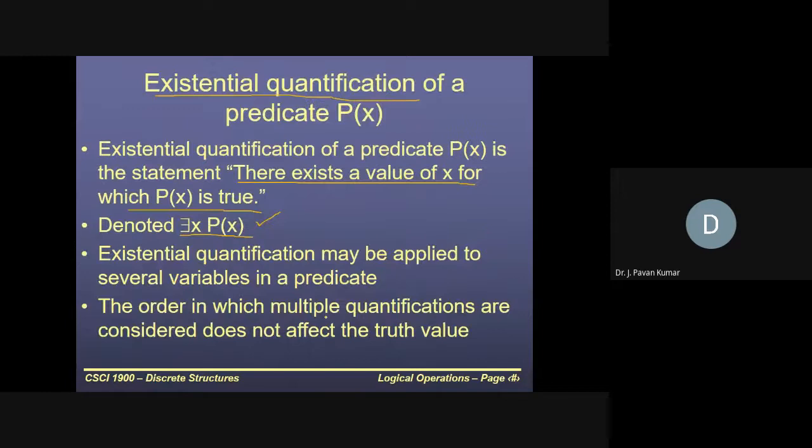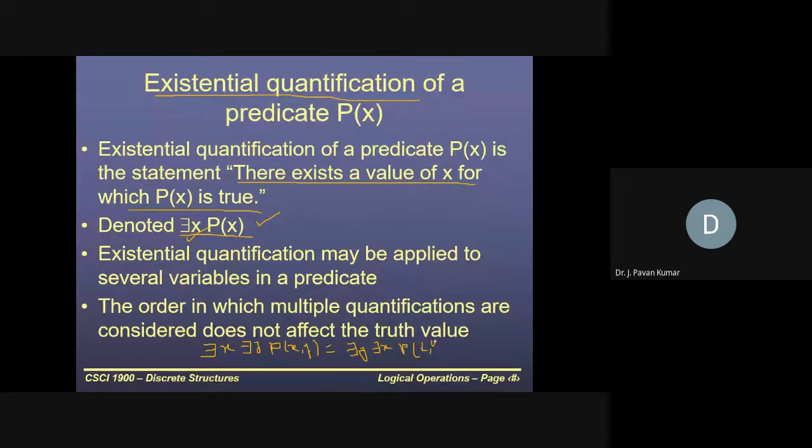Next, consider this. The existential quantifier is nothing but there exists. If we have only there exists, like there exists x, there exists y, p of x comma y, this is equivalent to, please tell me, there exists y, there exists x, p of x comma y.